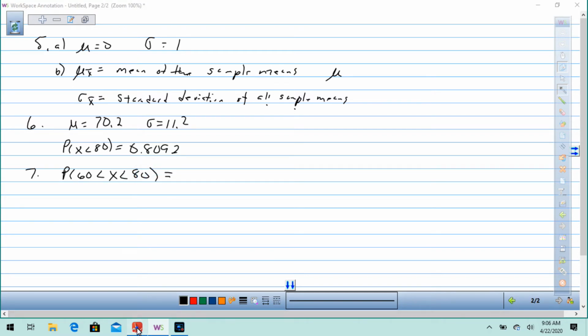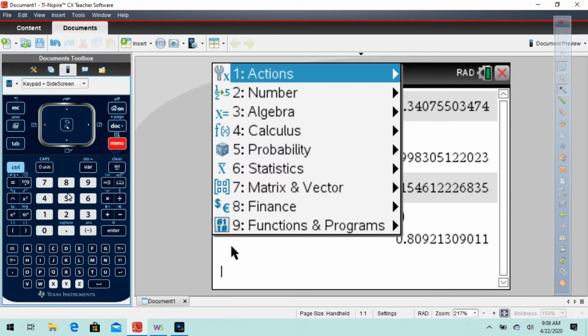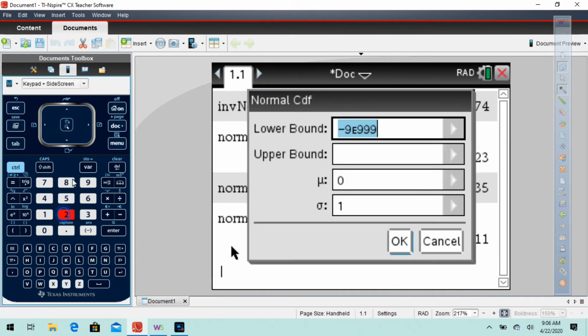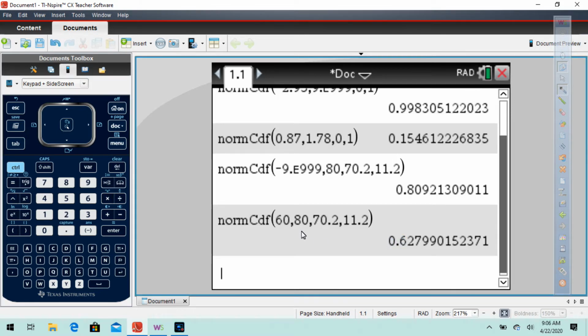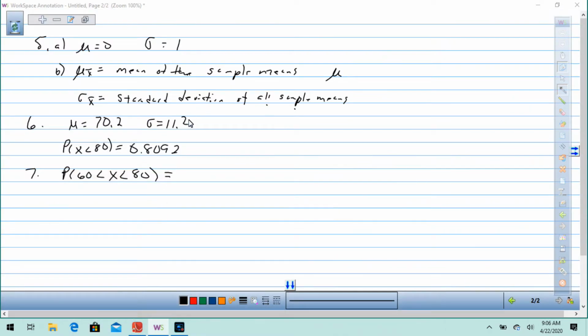Menu 5, 5, 2, 60 for the lower, 80 for the upper, 70.2 for the mean, and 11.2 for the standard deviation. And we get 0.62799, or 0.628.